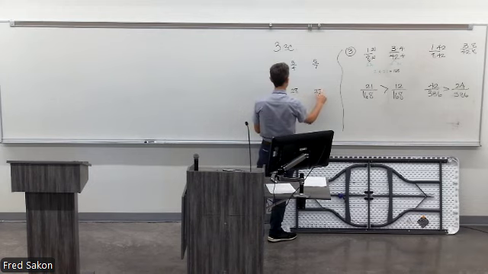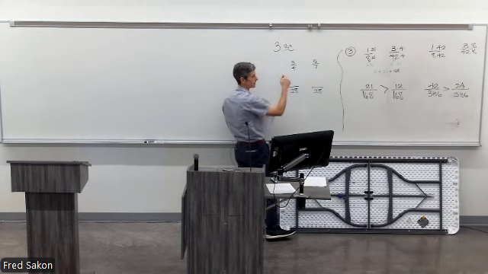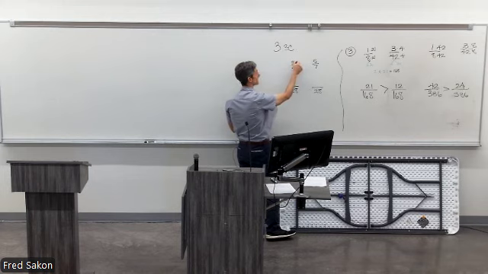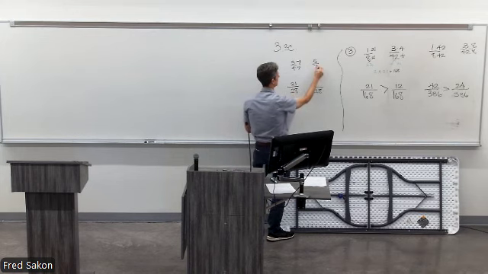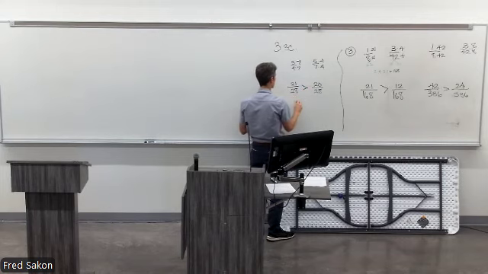That sounds good to me. How do I get there? 4 times 7. So then 3 times 7 on the top, 21. Well, that's greater. So then as we look back, we can say greater.